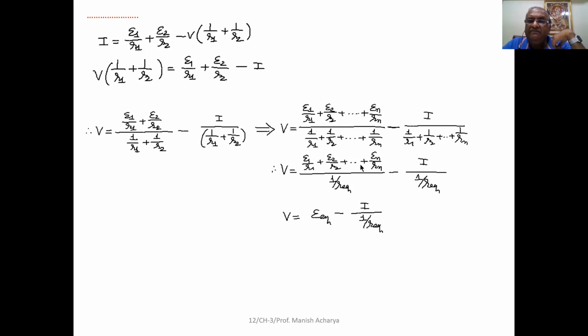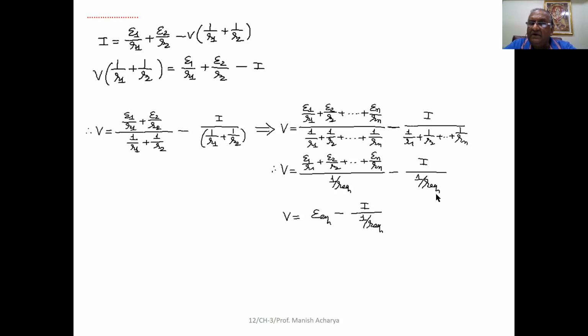But we know this thing. When we take cells in parallel, their internal resistances are also in parallel. And for parallel combination of resistances, we know the equation: 1 upon R1 plus 1 upon R2 up to 1 upon Rn is 1 upon R equivalent. And this one is also 1 upon R equivalent.